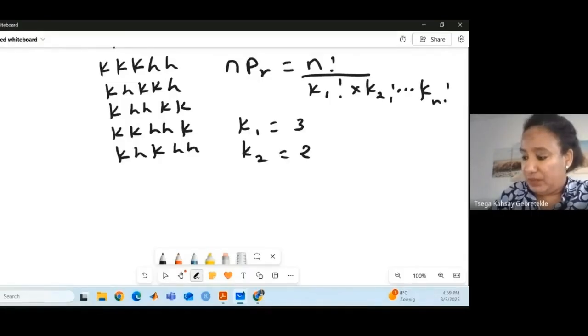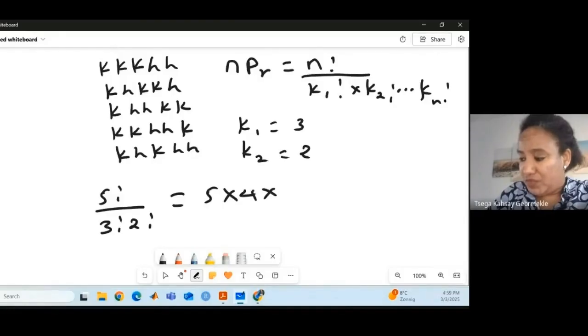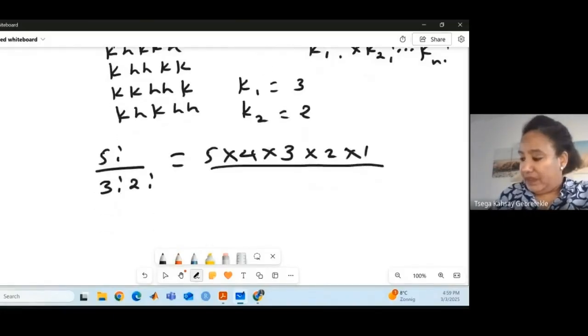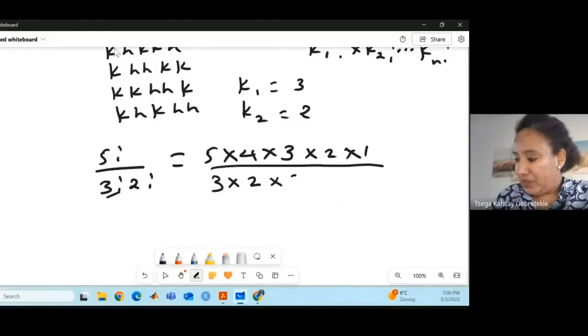So we use 5 factorial divided by 3 factorial times 2 factorial, which is 5 times 4 times 3 times 2 times 1 divided by 3 times 2 for the 3 factorial, and 2 times 1 for the 2 factorial.